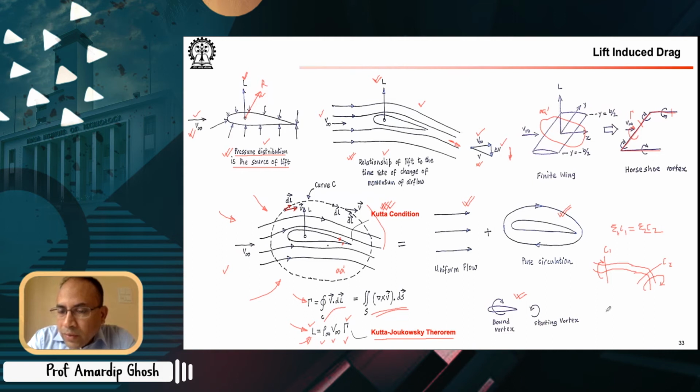However, if you have multiple vortex filaments like this, which is part of Prandtl's lifting line approach, you have a vortex filament that comes like this, and then you can think of a portion of the strength. So this is C1, this is C2, and this is C3. And the strength of the filament here will be the addition of the strength of the filaments here and here. Okay, we will see those things in the subsequent slides.